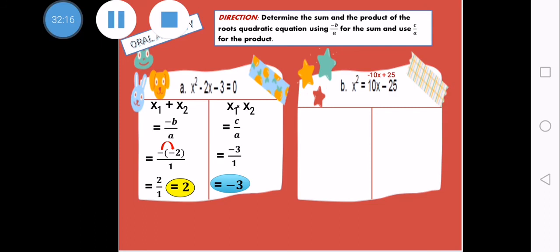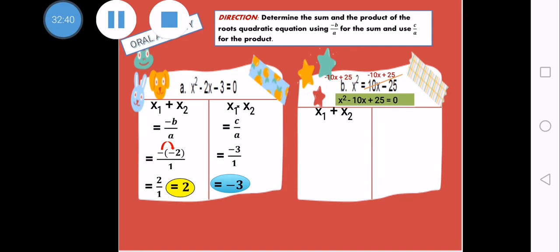So, si 10x, opposite sign po niya is negative 10x, while negative 25 is positive 25. So, automatic eliminated yan. And then, at the other side, i-add lang po natin both sides na. Yan. So, canceled. Kaya, ang equation na po natin is x squared minus 10x plus 25 equals 0.